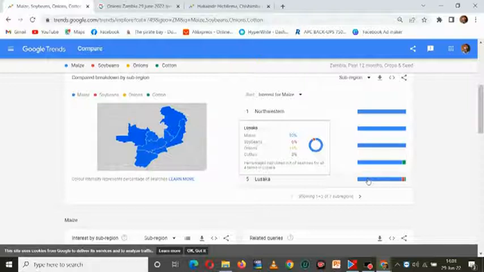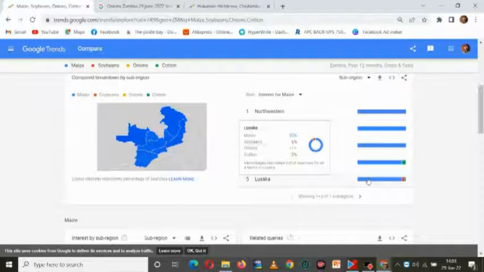So what triggers a search? In most cases, it's not just one thing. There could be many triggers. But what we have here, crops and seed, it's very likely that the trigger here was growing. People probably were looking for maize seed.